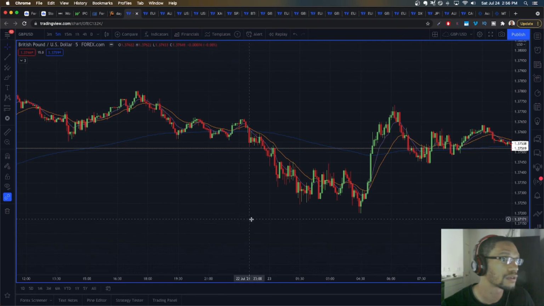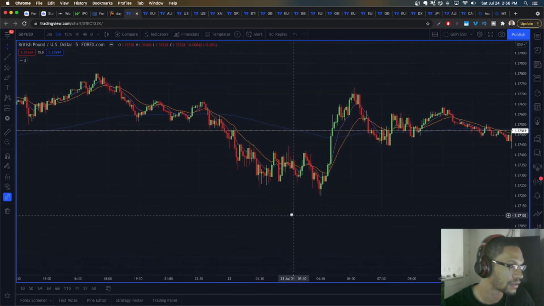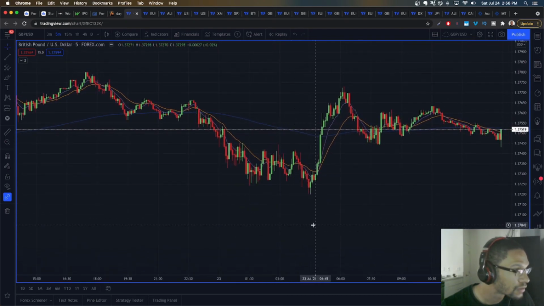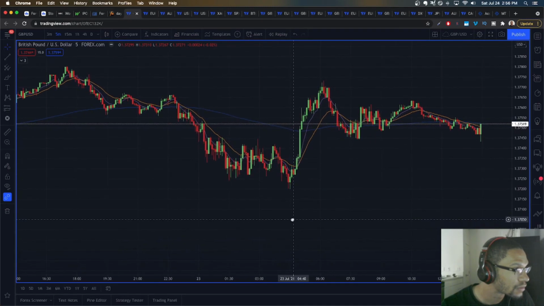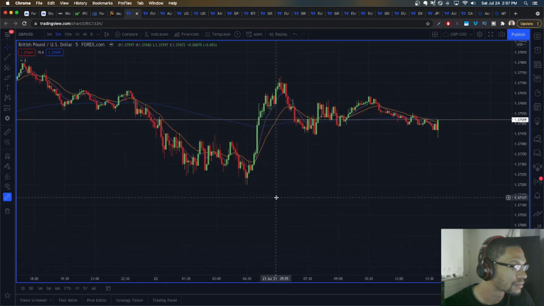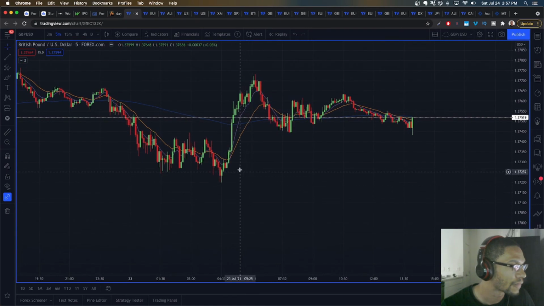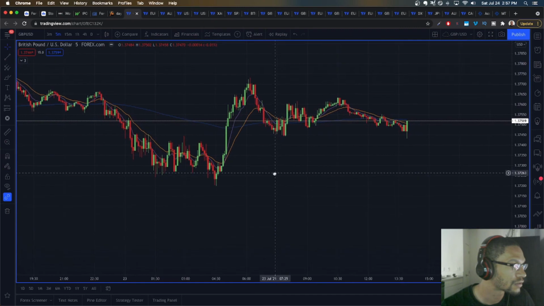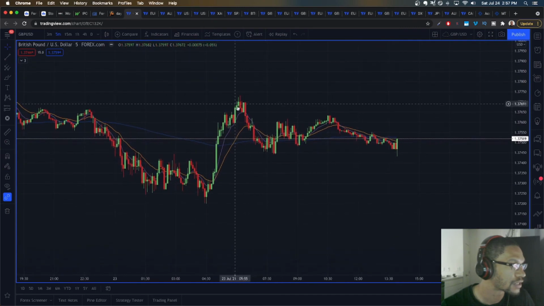Let's see. Yeah, so here's Friday. Trend continuation here. Breakout here. Engulfing bottom here. Engulfing top here.